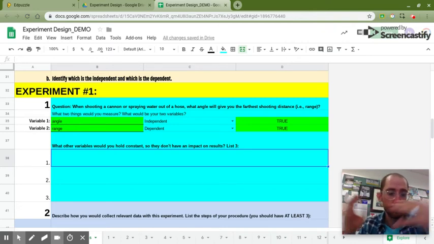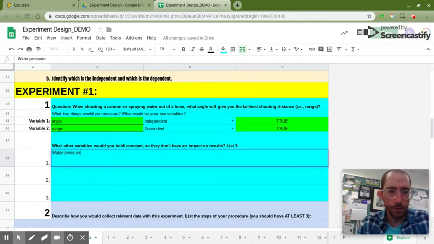And so you might be like, well, there's this magical upper angle at which range is maximum. But that's not actually the case. It was probably the water pressure that did it. So to be sure that it's the angle that's responsible for the range, you need to isolate other variables such as water pressure.